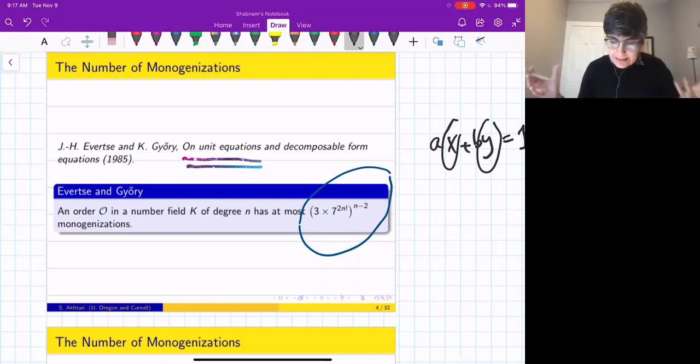But other than that, you just don't know how they come in and create more solutions for you and how to control them. So these unit equations have been, in some ways, and it's not an exaggeration to say, the only way to think of rings and their monogenizations and monogenizers.